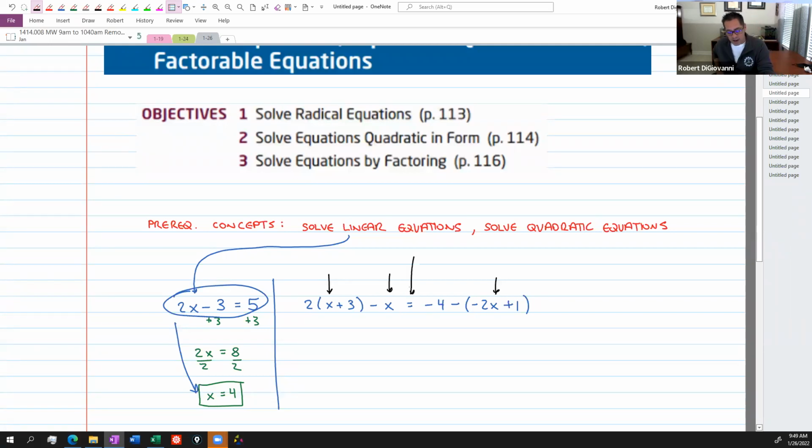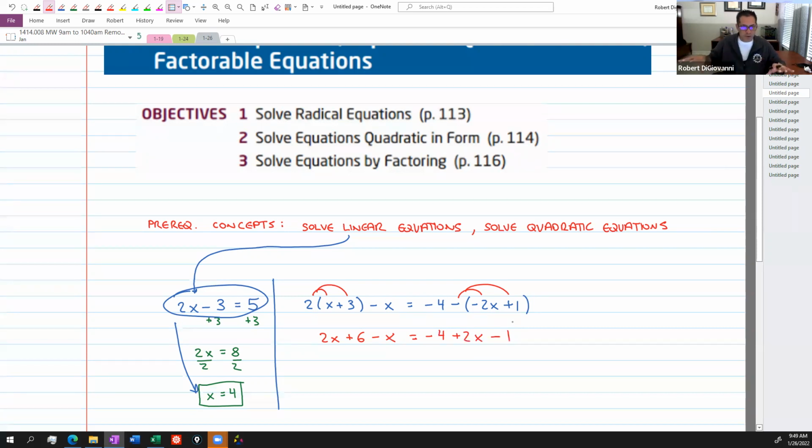And there's an equal sign in here. So we have an equation that's linear. My expectation is that you know the steps to solve one of these. The first thing is you clear all parentheses from both sides, which means you distribute things through if you need to. Here I'll distribute a 2. Here I'll distribute a negative. So let's do that. You get 2x plus 6 minus x equals negative 4 plus 2x minus 1.